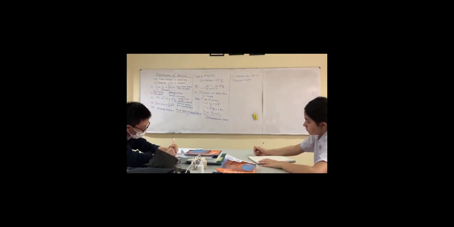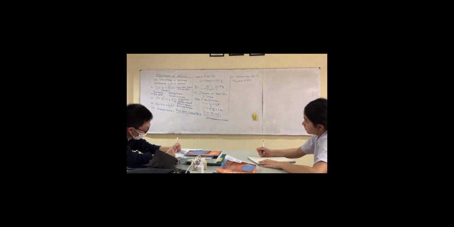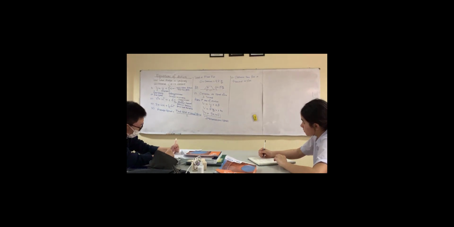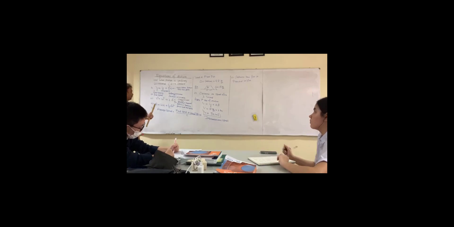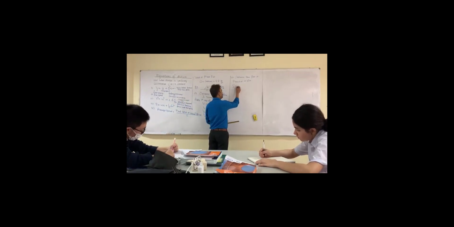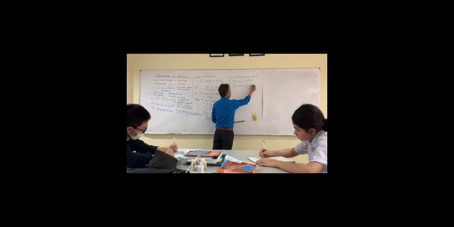Which equation of motion will you use to calculate the distance? You see this equation of motion, right? We can use it to calculate the distance. So again, using the equation of motion, S is equal to ut plus half at square.